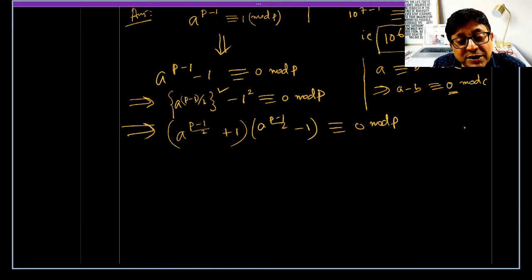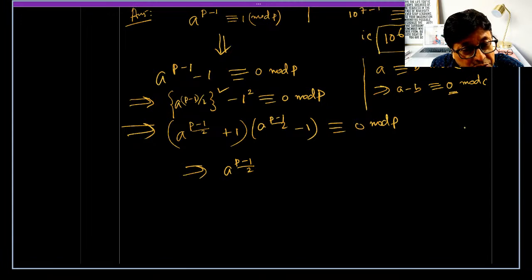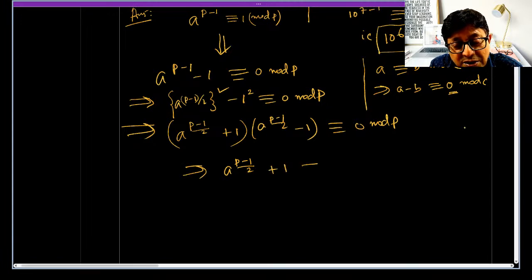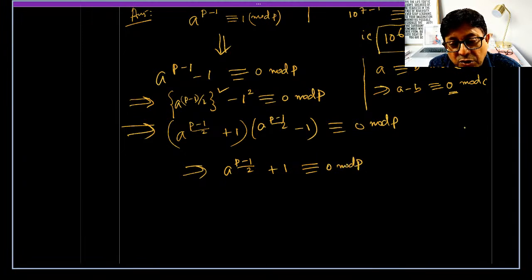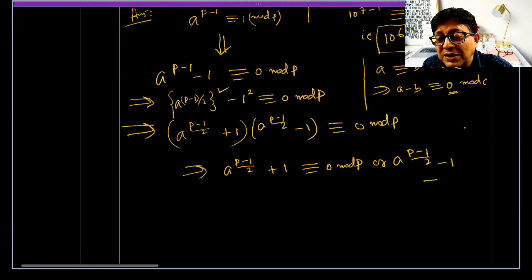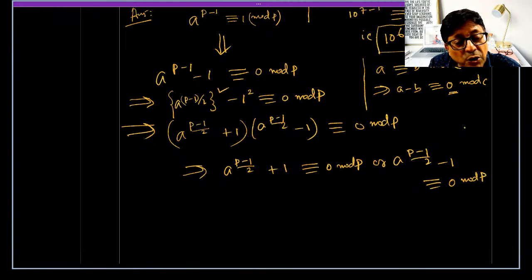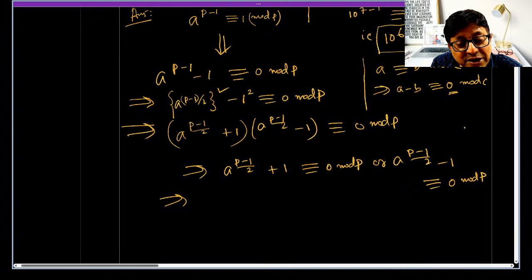So we can write, this implies that a to the power (p minus 1)/2 plus 1 is congruent with 0 mod p, or a to the power (p minus 1)/2 minus 1 is congruent with 0 mod p. What does this imply? Take minus 1 on the right side.